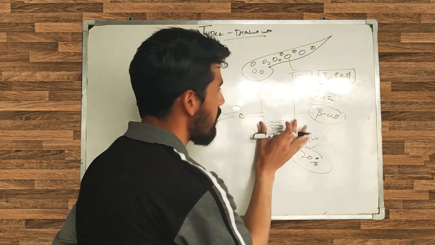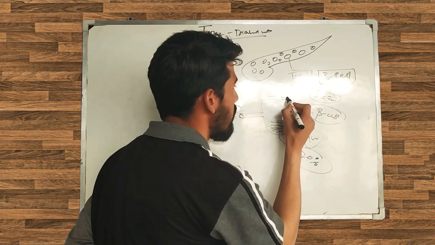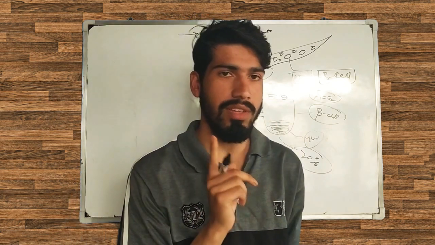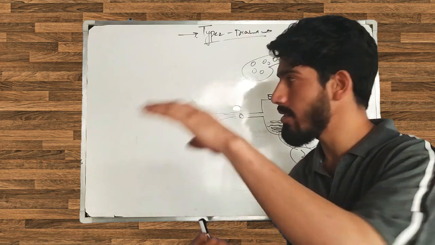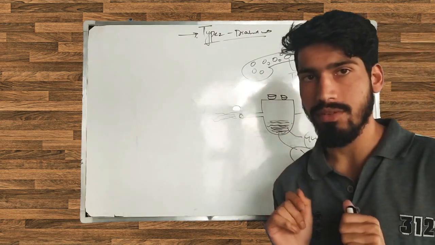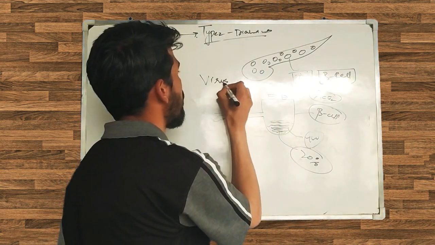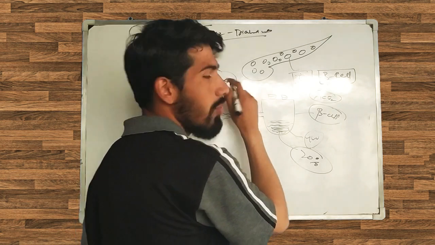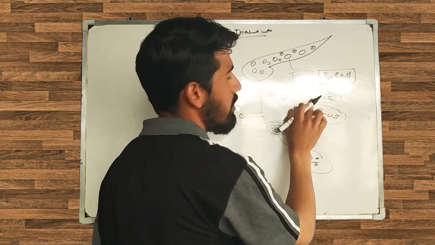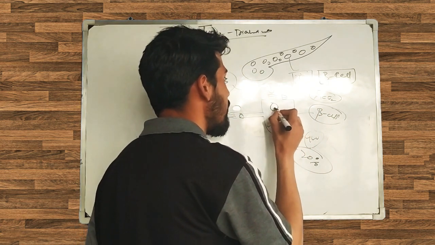So here is the beta cell. Suppose these are the receptors, these are the ACE2 receptors. ACE2 receptors matter when the virus, the COVID-19, comes and binds with these ACE2 receptors. So this is the COVID-19 virus, and it comes and binds with the ACE2 receptor, and the ACE2 receptor brings the virus inside.